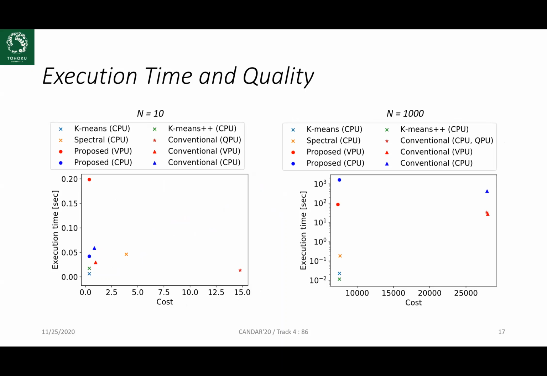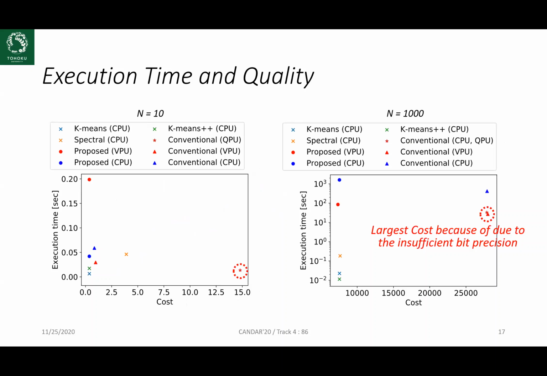These figures show the execution times of the proposed method, the conventional method, and clustering methods in scikit-learn when the number of data points is 10 and 1000. The number of clusters is 6. The conventional method on a QPU is slower than those on a CPU and VPU.